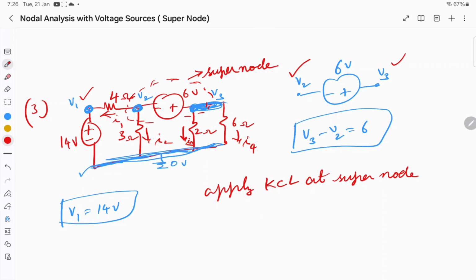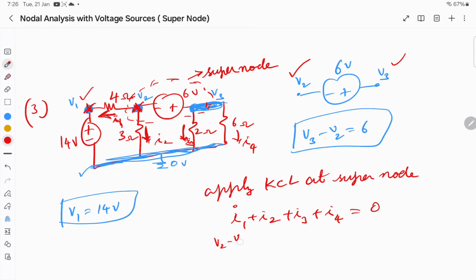What are the currents leaving the super node? The currents leaving the super node are I1, I2, I3 and I4. So I1, I2, I3 and I4, all leaving, is equal to 0. What about I1? The potential difference for 4 ohms: the voltage at this point is V2, here it is V1.